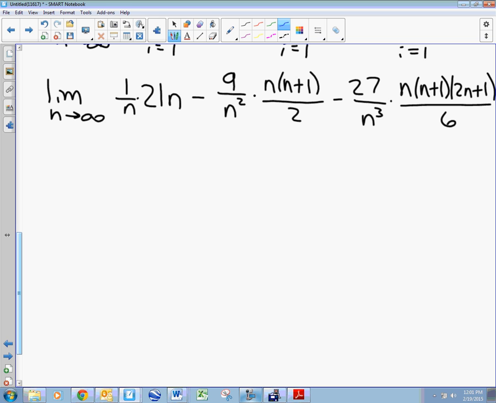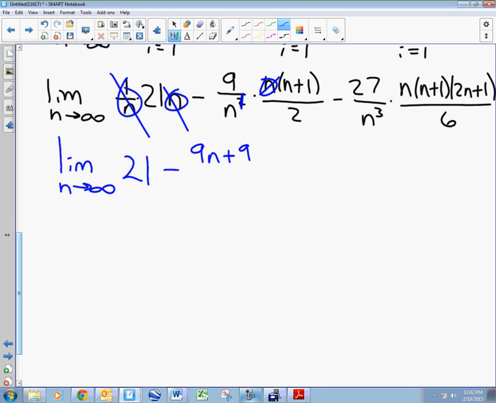All right, I'm sorry. All right, so the n and the 1 over n go away, right? So we have the limit as n goes to infinity of 21 minus, what can I do here? Get rid of one of the n's. And I get 9n plus 9 over 2n minus, get rid of one of the n's, and 27 over 6 will be 9 over 2.